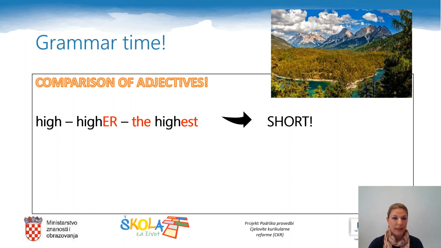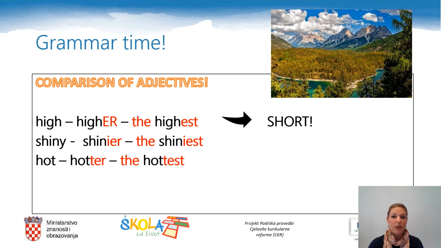For example, high, higher, the highest, or shiny, shinier, the shiniest. If letter Y comes after a consonant, it changes into I. Or hot, hotter, the hottest.